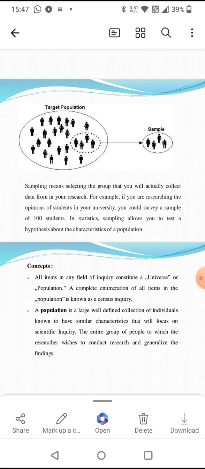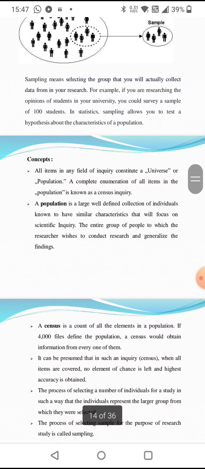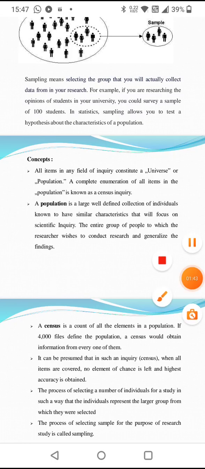There are different types of sample design based on two factors, that is the representation basis and the element selection technique. On the representation basis, the sample may be probability sampling or non-probability sampling. Probability sampling is based on the concept of random selection, whereas non-probability sampling is non-random sampling.